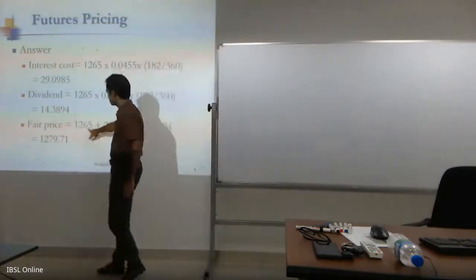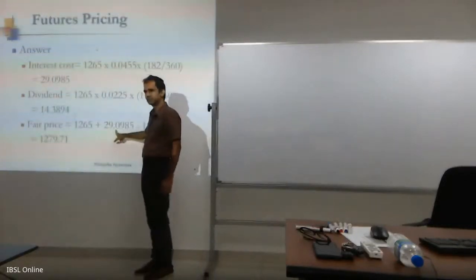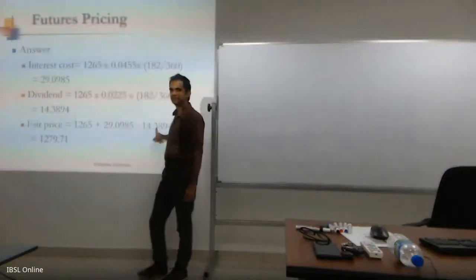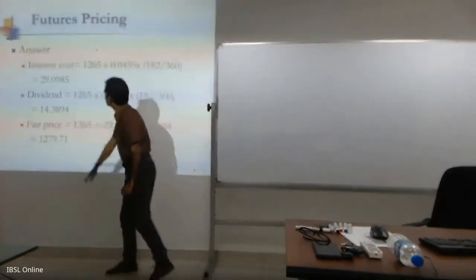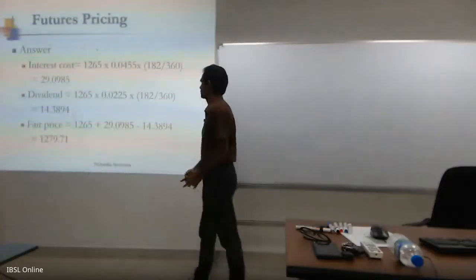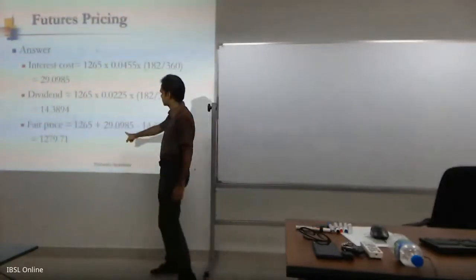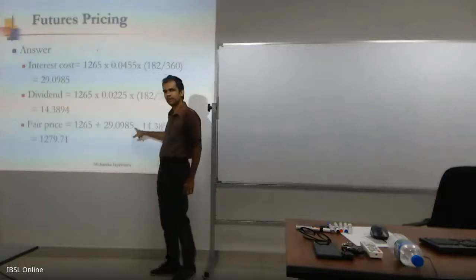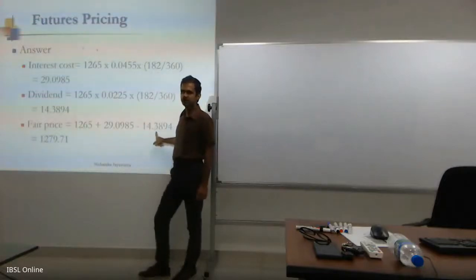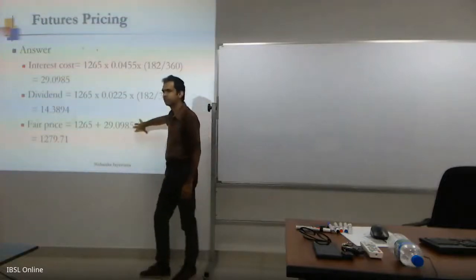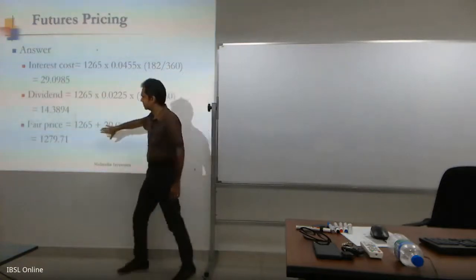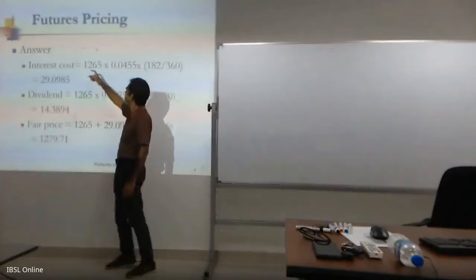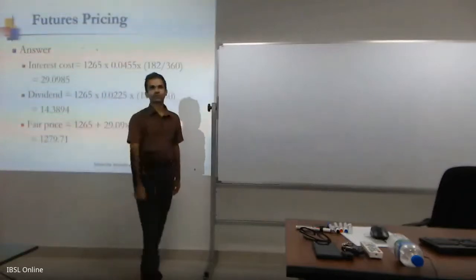Cash price plus interest minus dividend gives the futures. So still you can see cost is higher than benefits. The net financing cost is positive, therefore the futures price is higher than the cash price.